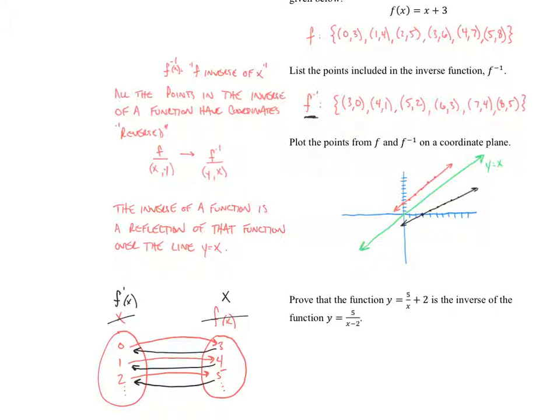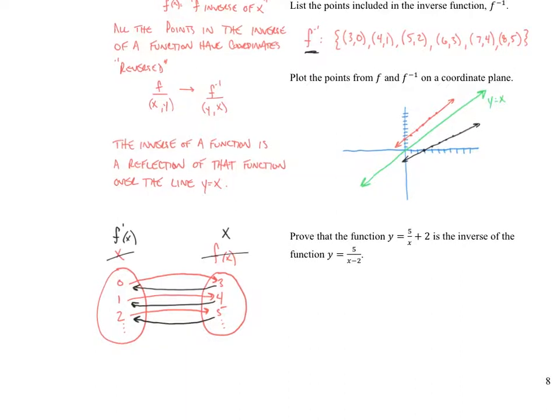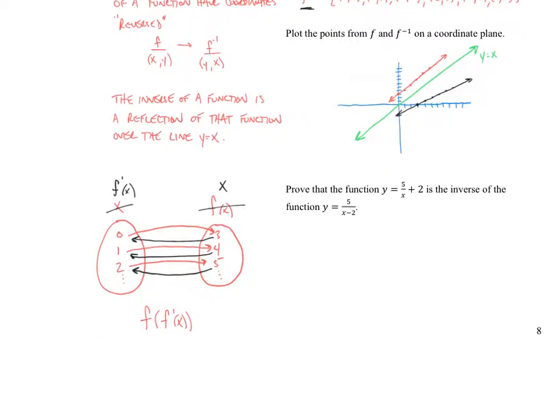So what you see here is that if we combined these functions, like we did in class today, and we had f of f inverse of x, we would end up exactly where we started. All right, for example, let's say we wanted to do f of f inverse of 3.